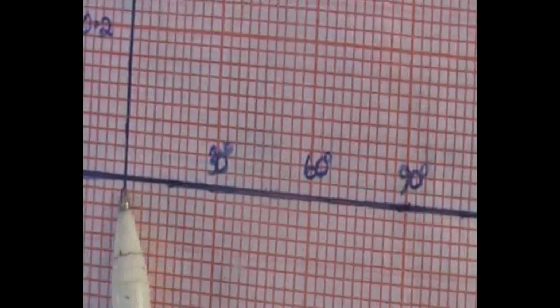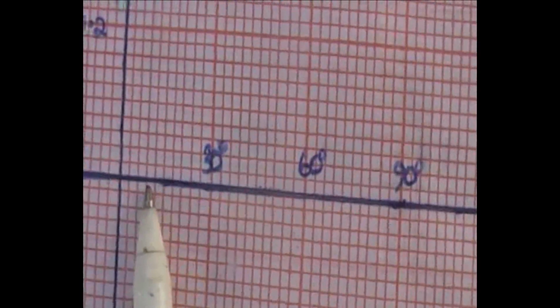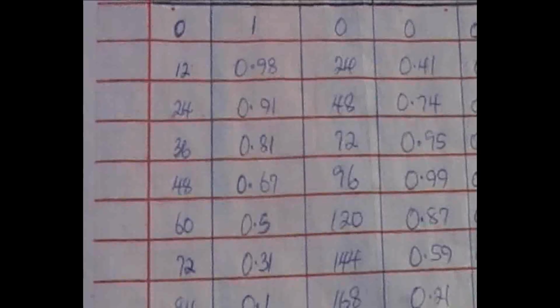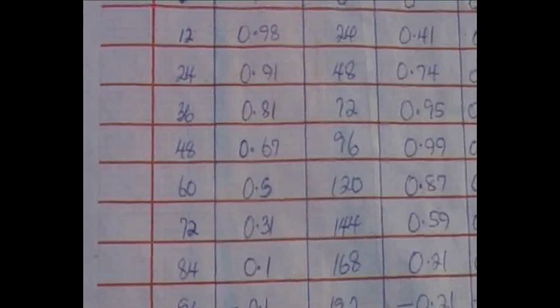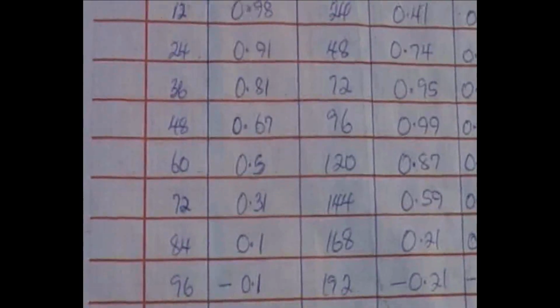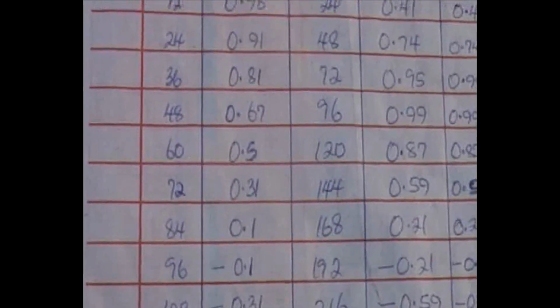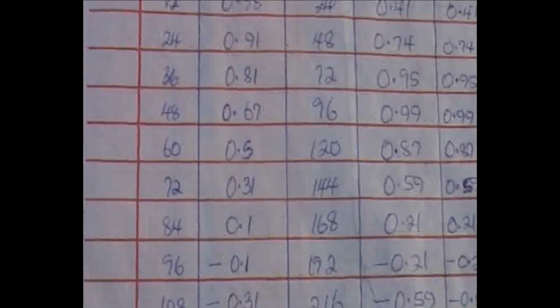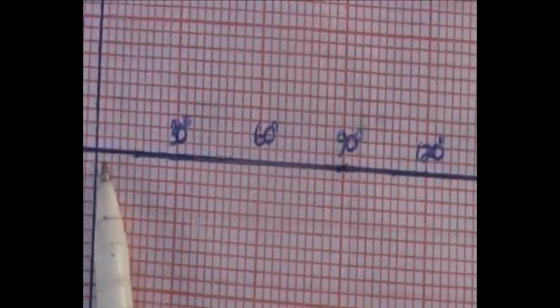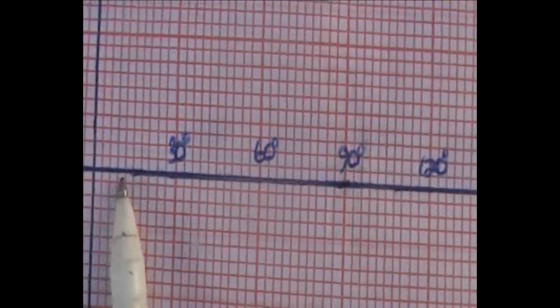So the figure 12, apart from the 4 figures in your table of values, will now be a difference of 4 small squares. Unlike when we were plotting the graphs of sine, cosine, and tangents, where 2 small squares were equivalent to 12, in this case it is 4 small squares, because one small square is 3. 3 times 4 gives you 12.